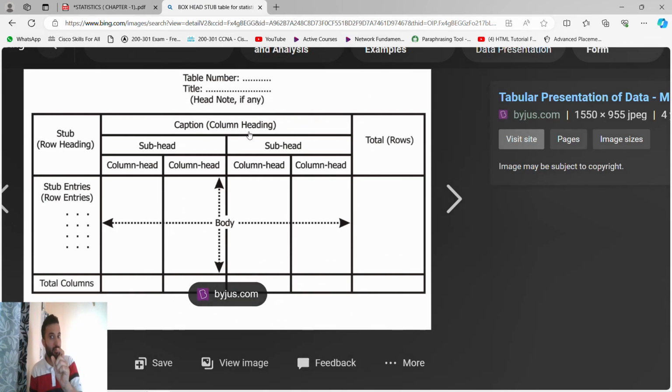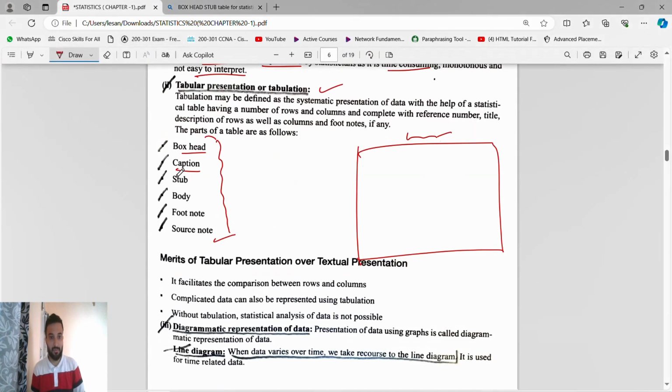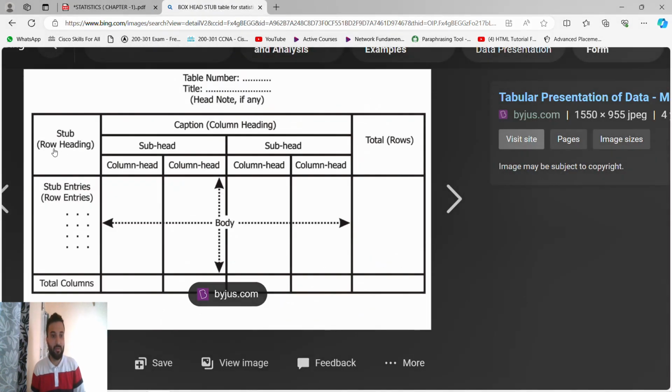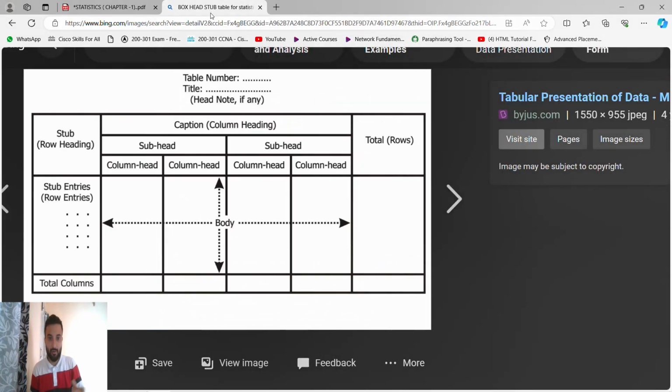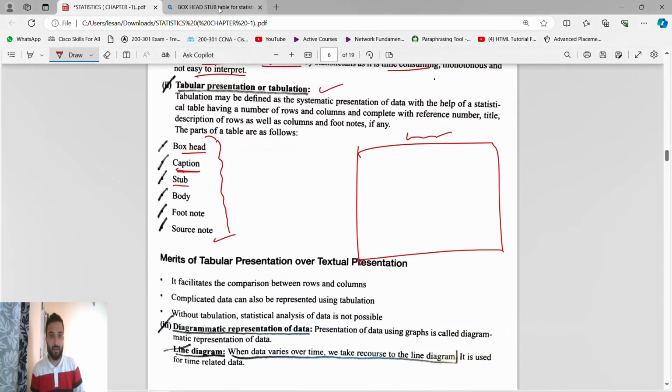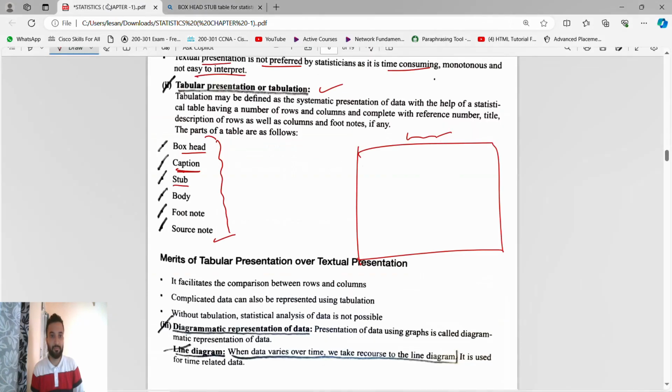You have to remember this, because in the examination they ask what caption is. Caption is the column heading, stub is the row heading, and box head is the title of the box.